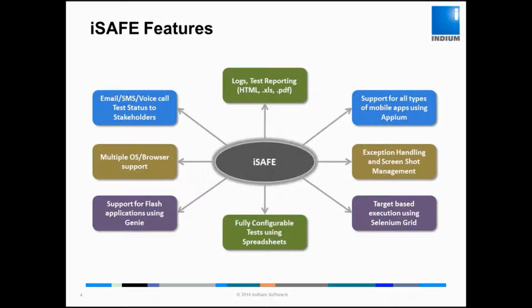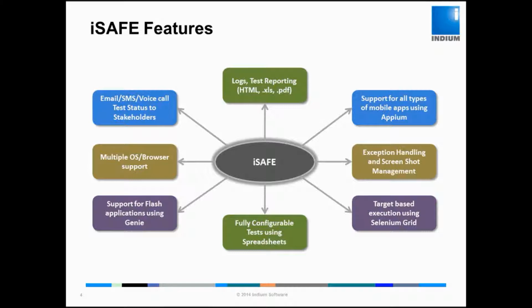and moving on to the features of the framework. As I said, the framework has capabilities of creating reports in multiple formats, and we get exhaustive logs. In fact, every step that gets executed in the framework is recorded in the log. We have support for any type of mobile applications, be it a native application or a web application or a hybrid application.